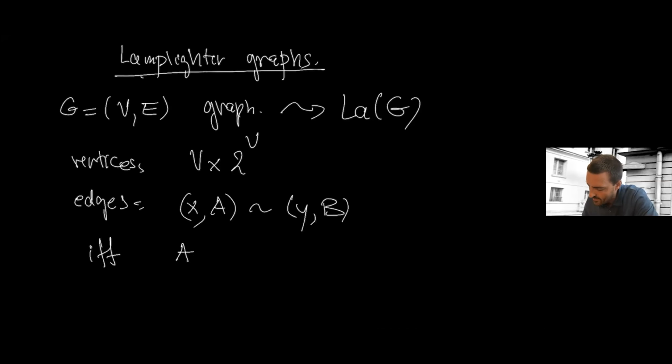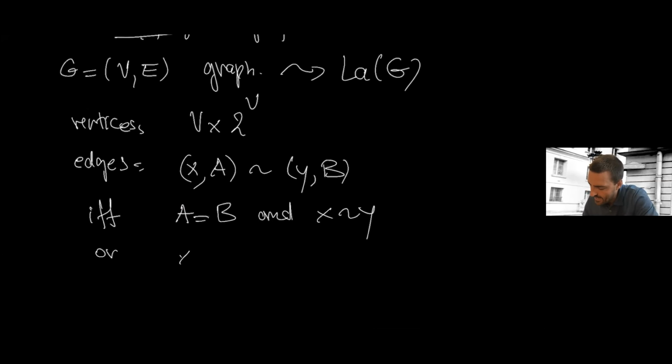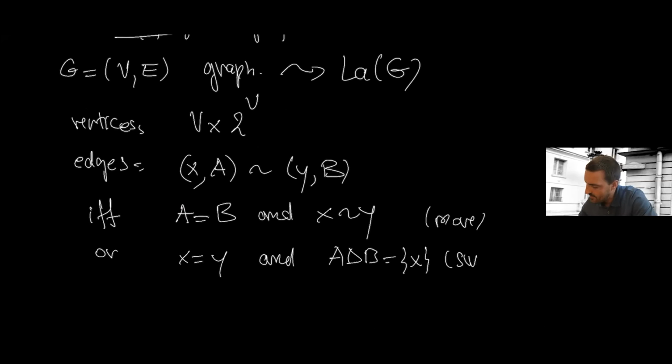Either A equals B and X is adjacent to Y, so this is adjacency in the graph G, or X equals Y and the symmetric difference between A and B is {X}. I will refer to the first kind of edge as a move edge, and to the second as a switch edge.